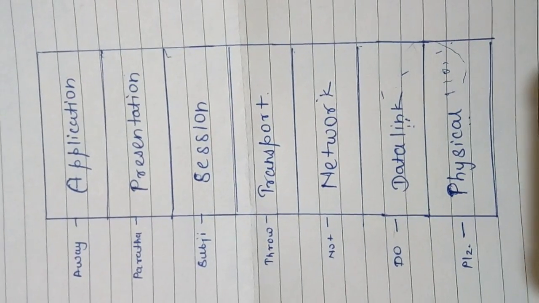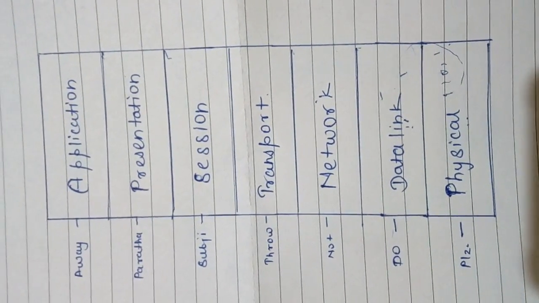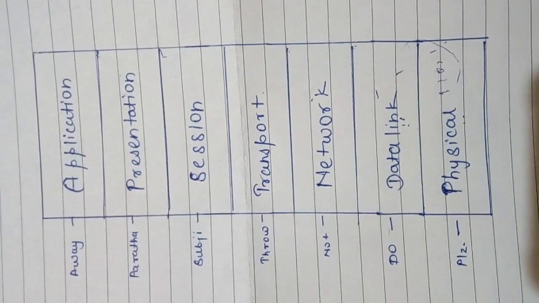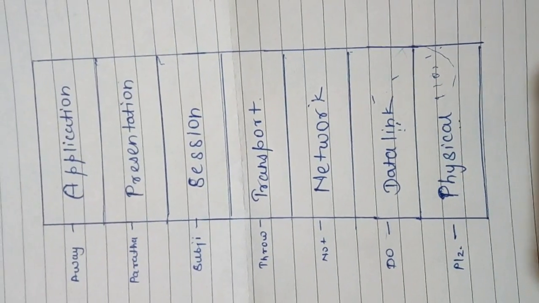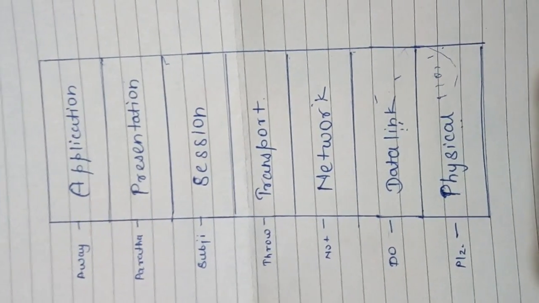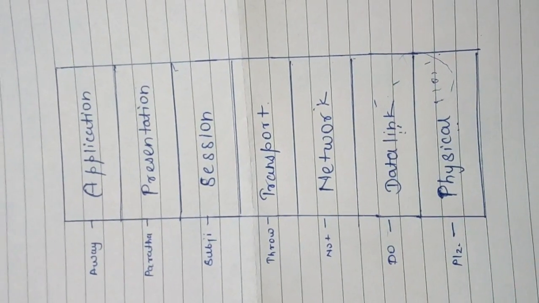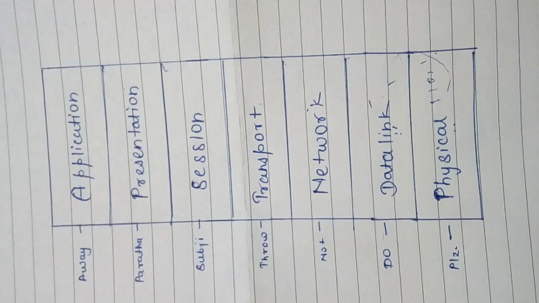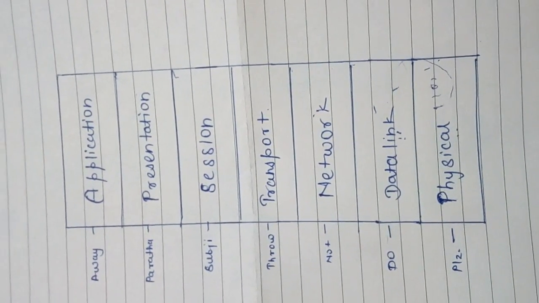Through the network layer it is possible to establish a route which is used to transmit data. A route will be from the originating computer to the destination computer, means from starting to ending. And route also means choosing the method or path through which the data can be exchanged. So this is the function of the network layer.